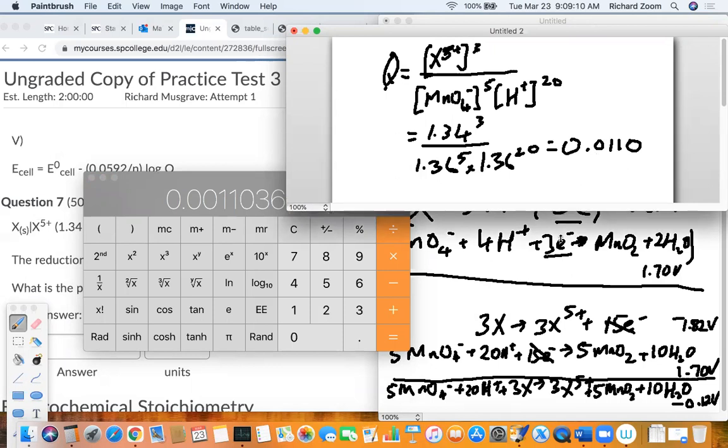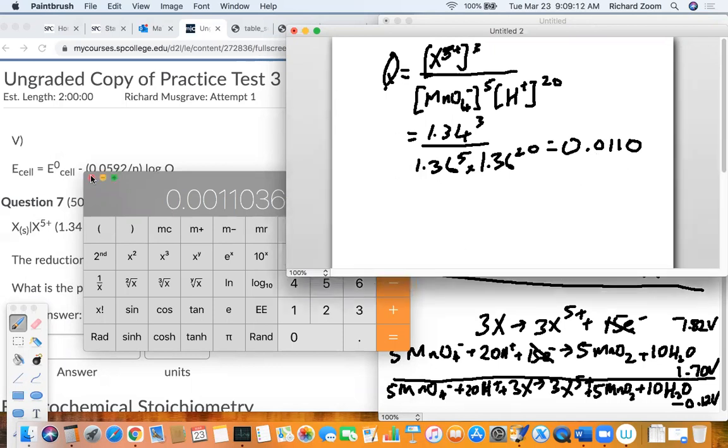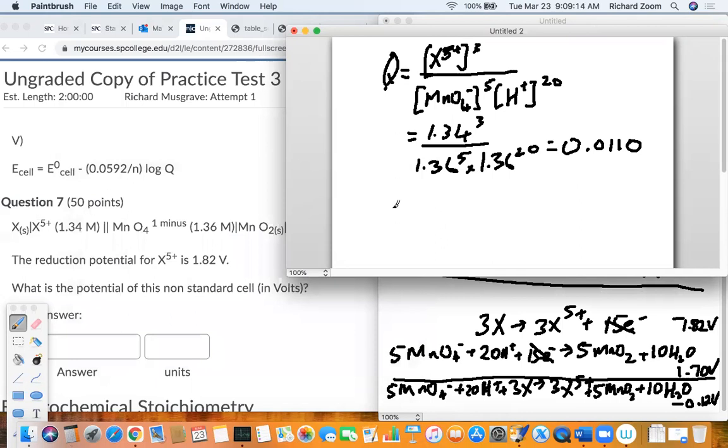All right, now I apply my Nernst equation, which is listed here. It's going to be E cell, which equals E naught cell, which is negative 0.12 volts, and that's minus 0.0592 volts divided by N, which is going to be 15.